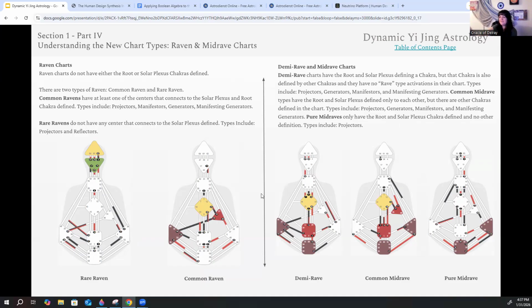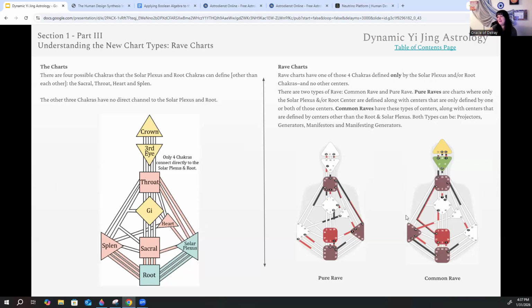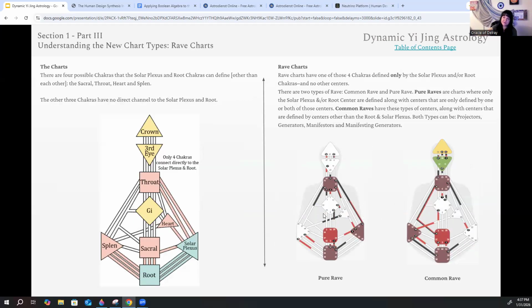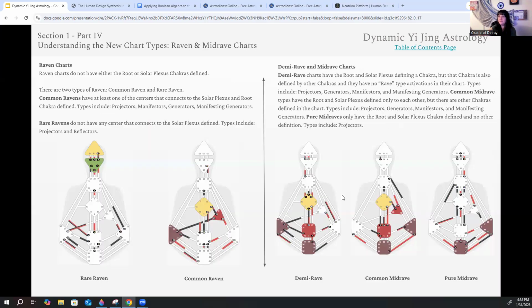So those are the 7 types. Logically, how to logically identify them. So all human design charts will fall into one of these 7 categories, no matter what type they are.